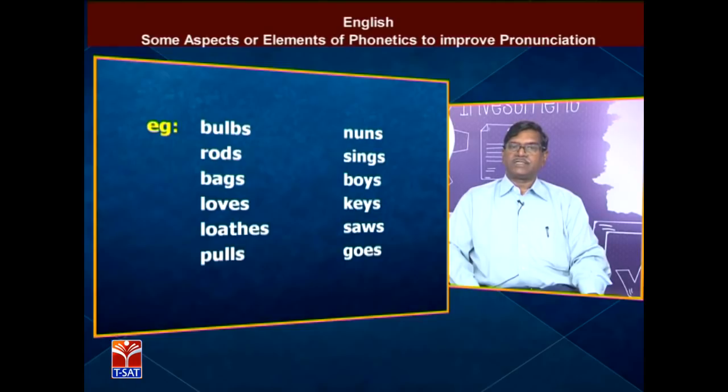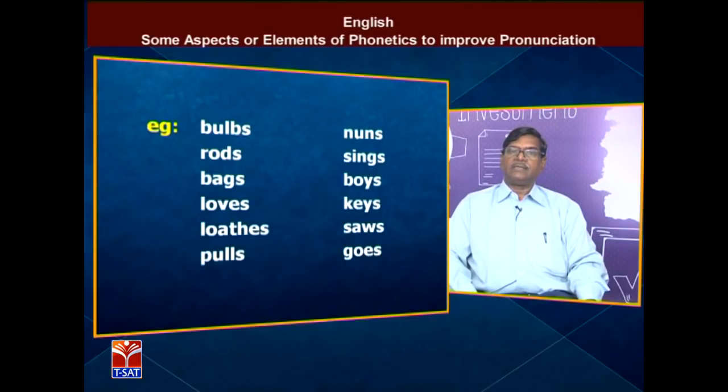It is a voiced sound. Bags, not "bags" with an s sound. Love, loves. Loath, loathes. Pull, pulls. Nun, nuns. Sing, sings. So, these are all the words ending with voiced sounds.